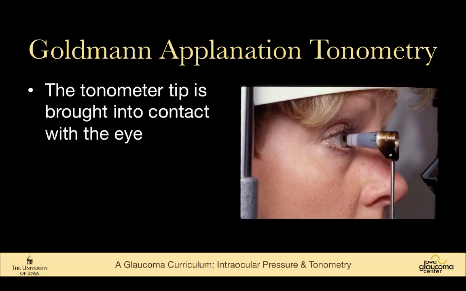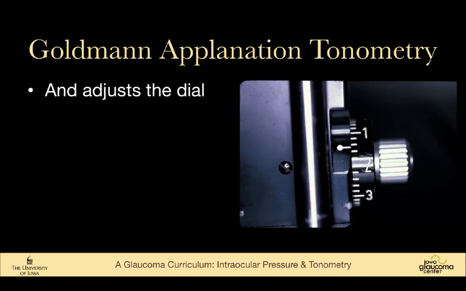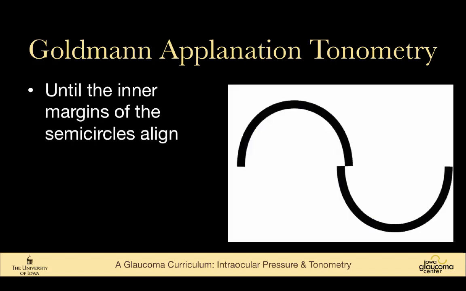The tonometer tip is brought into contact with the eye, and the examiner looking through the oculars will visualize a pair of half circles called Mires and adjust the dial on the tonometer until the inner margins of the semicircles align.